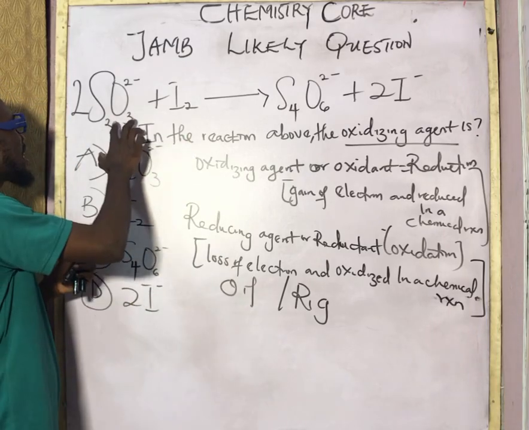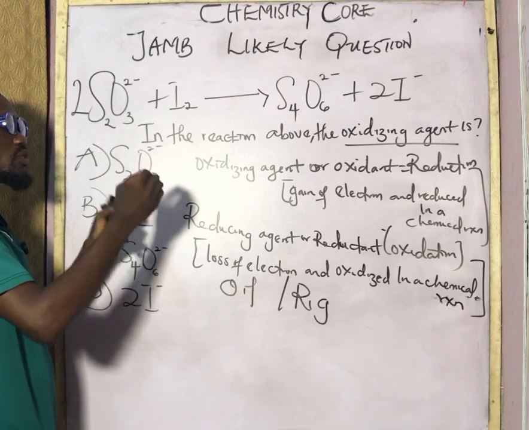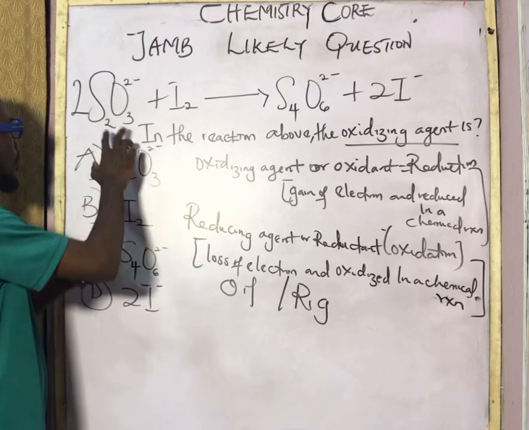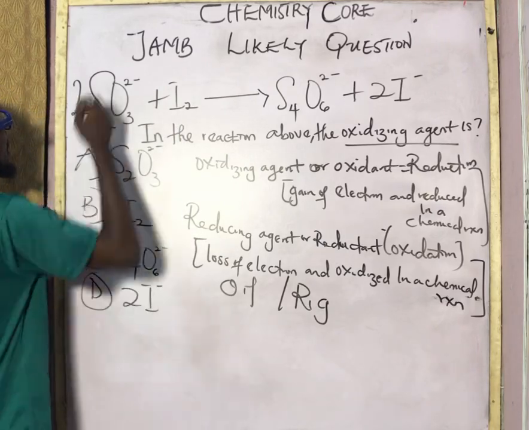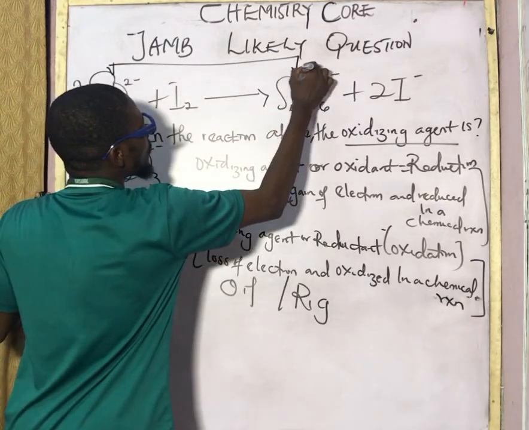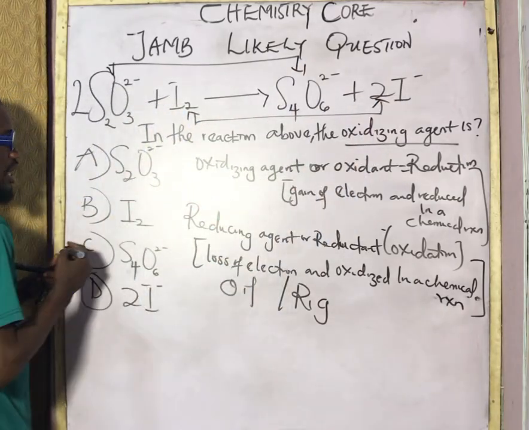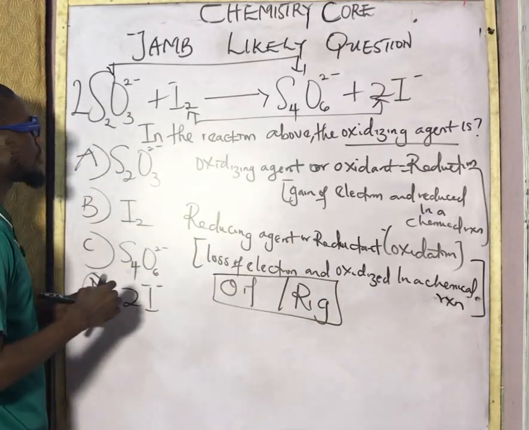Now, how can you solve a question like this? As far as a redox reaction is concerned, you should be able to write out the half cell equation of what you are given respectively. The first one is looking at this arrow, this will move with this, and this arrow will go for this. Now, I'm going to write out each of those equations respectively.